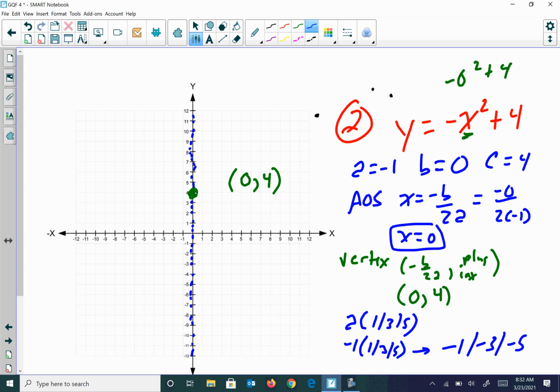Okay? So from this point, I'm going to go right 1, down 1. Well, shoot, if you graph this right, you're going to get that. I'm going to go left 1, down 1. Agree? Then the next one, I'm going to go right 1, down 3.